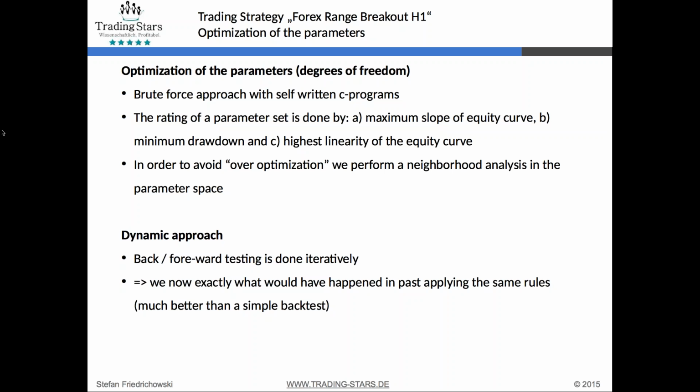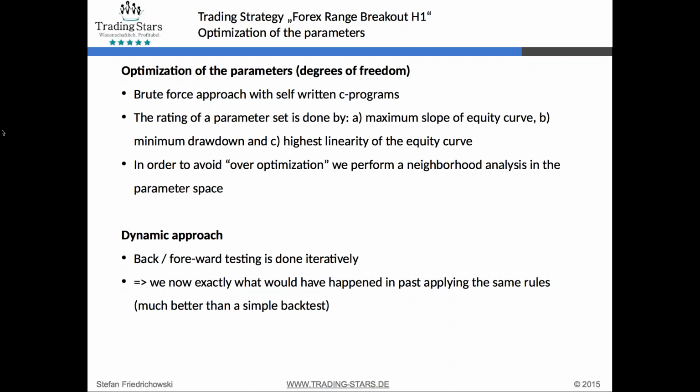In order to avoid over-optimization, we perform something which we call the neighborhood analysis in the parameter space. That means if, for example, we find out that a strategy from 10 a.m. to 3 p.m. would be nice, then we want that if we change the entry and the end time slightly, the strategy is still quite profitable.